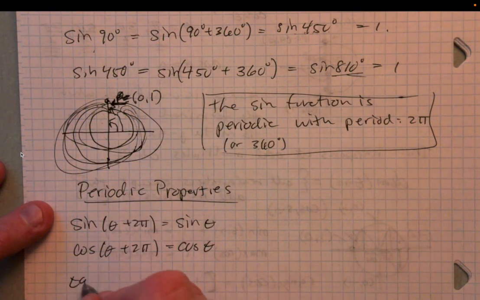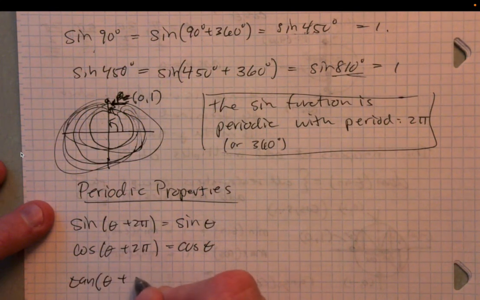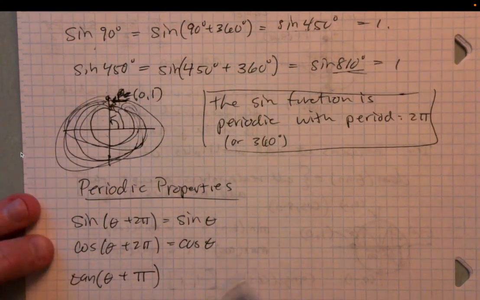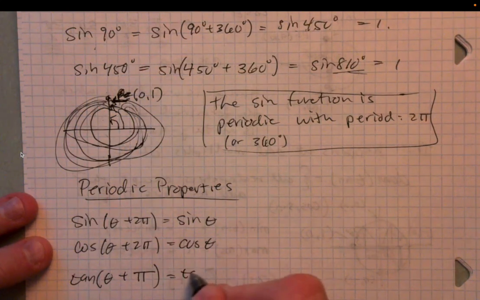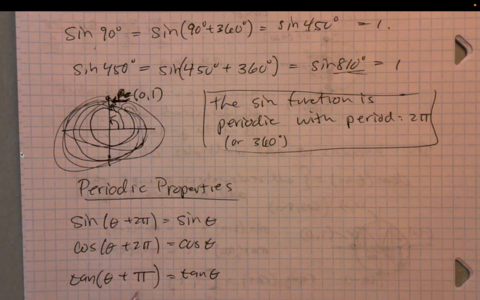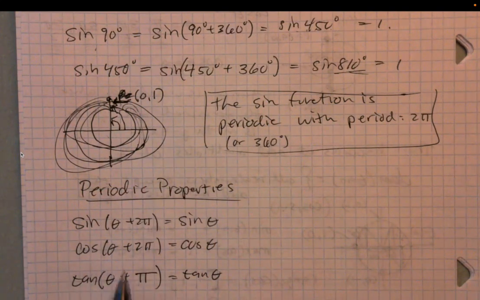And the tangent of theta plus pi, not 2 pi, note, is equal to tangent of theta. So the sine and the cosine are periodic with period 2 pi, or 360 degrees. The tangent is also periodic, but it has a different period. Its period is pi, or 180 degrees. It starts repeating itself after 180 degrees.